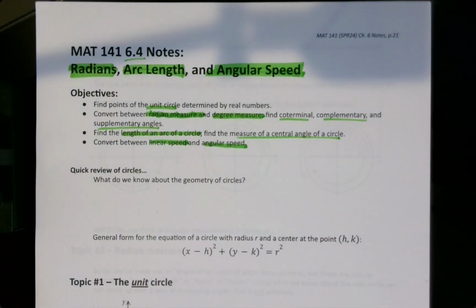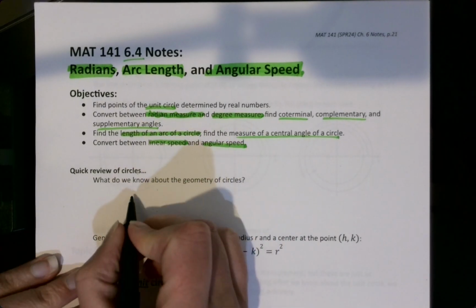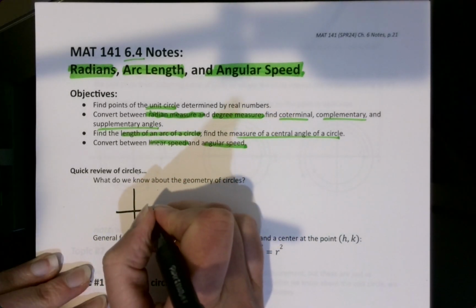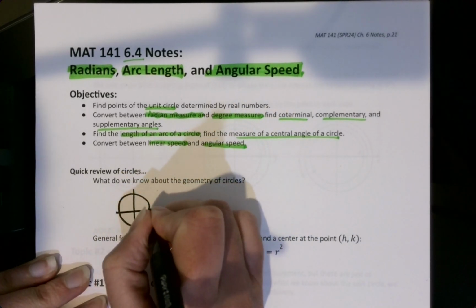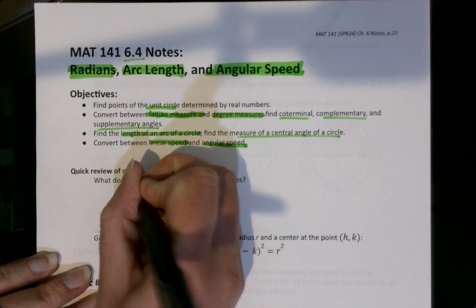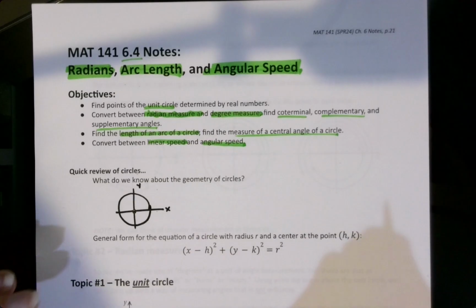Quick review of circles. What do we know about the geometry of circles? Well, we're going to start with taking a look at a circle as positioned on an XY grid right here. So we've got X and Y, and I've attempted to draw a circle here.